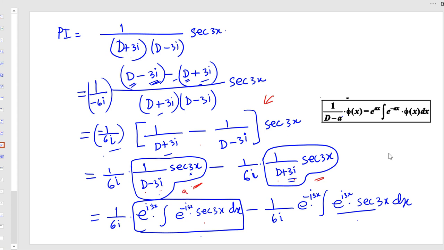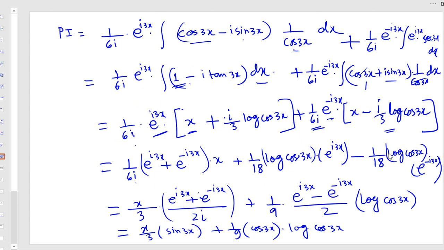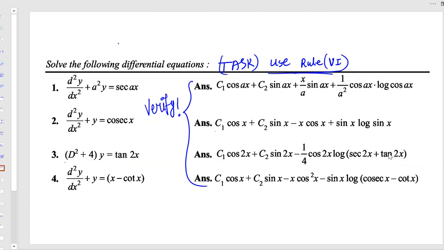Here a equals 3i, but for this case a equals minus 3i. Now I apply this formula here and here also, and then simplify. If you do this, you will get the solution here. So try to verify these results, and also verify these problems for arbitrary functions using rule 6.